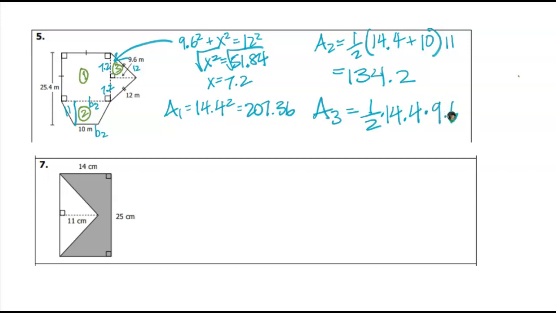And let me get that. 1/2 times 14.4 times 9.6, and I got 69.12.